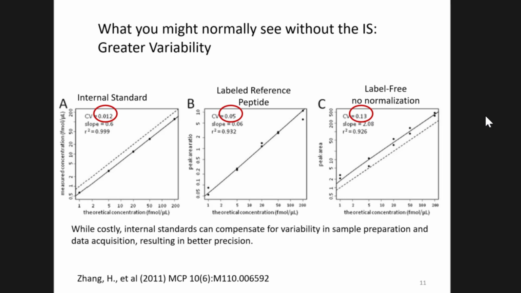And then as you back away and add less specific internal standards, the coefficient of variation grows. And this CV is basically the variability of your entire workflow, because it's accounted for in some ways in these two steps, but that is your absolute variability from start to finish.